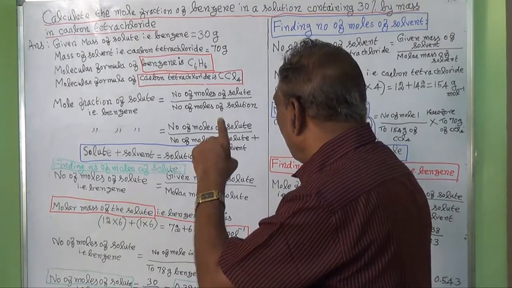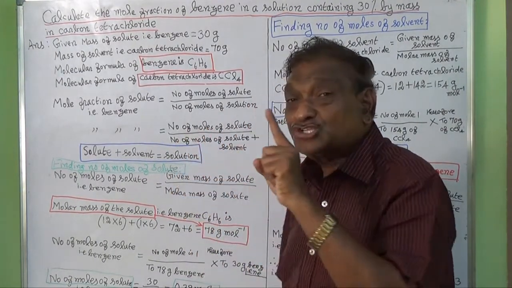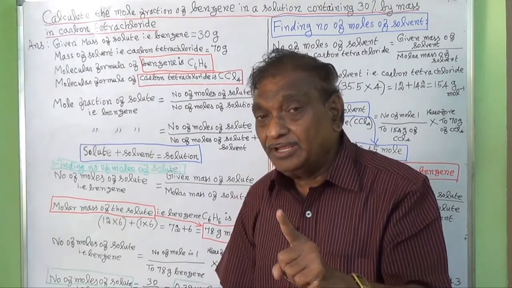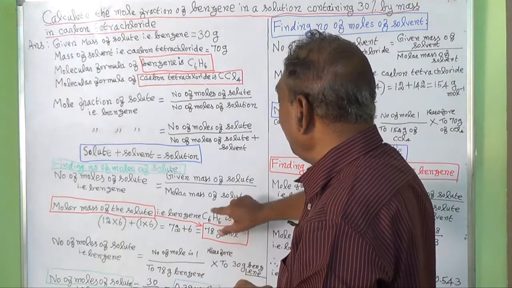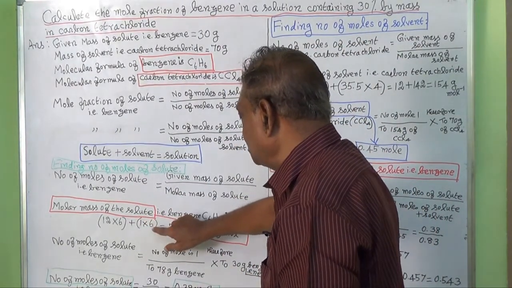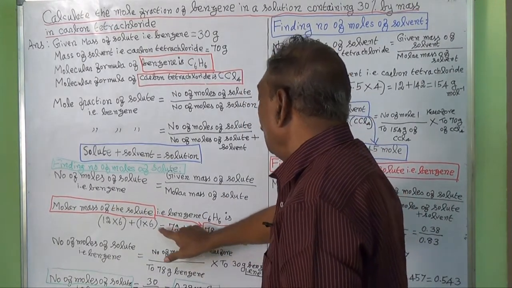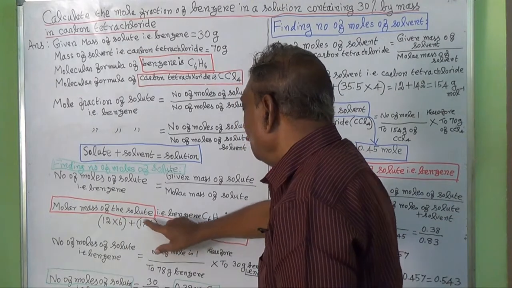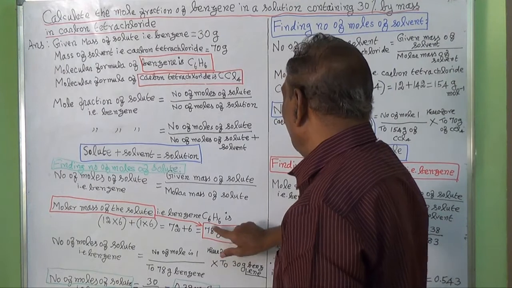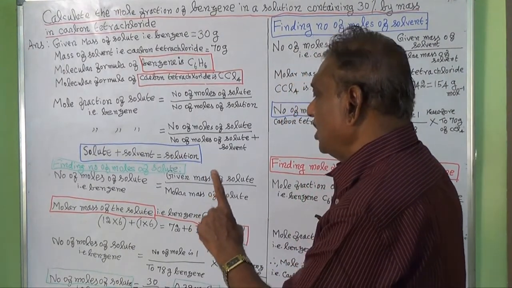Then coming to the hydrogen element, the atomic mass of one hydrogen atom is 1. Here there are 6 hydrogen atoms. So if we multiply 1 by 6, we will get 6. 12 into 6 is 72, 1 into 6 is 6. 72 plus 6 equals 78 gram per mole. This is the molar mass of the solute.